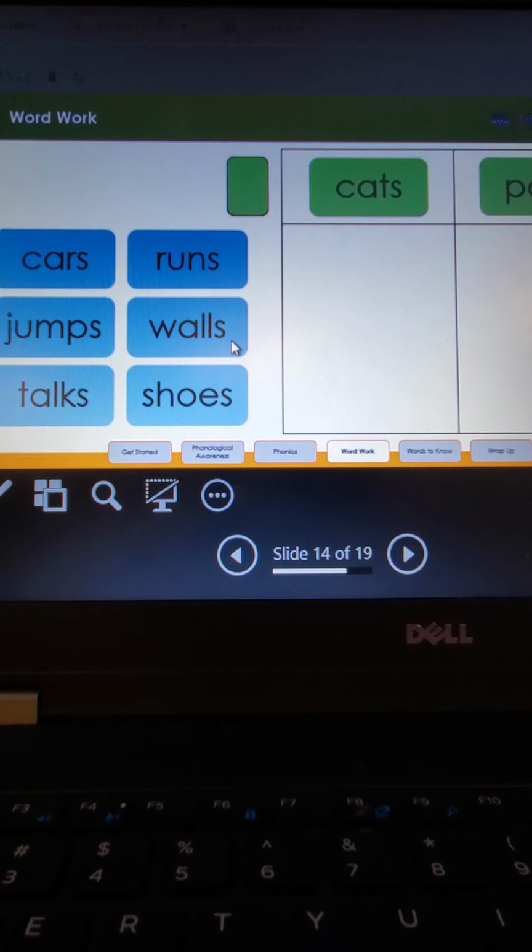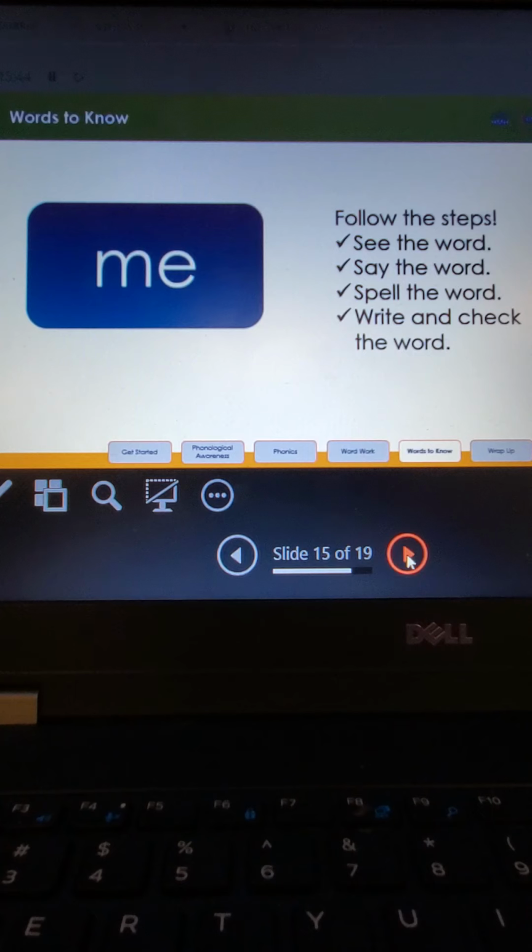Walls is a noun like cats, so we would place that here with cats. The next one is shoes. Shoes is a noun, and we would place that here under cats. Great.